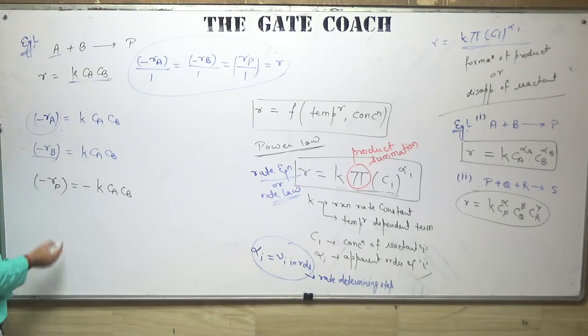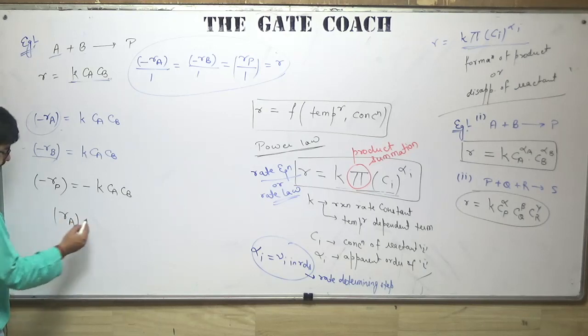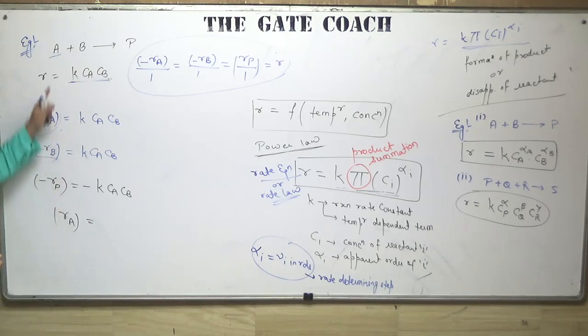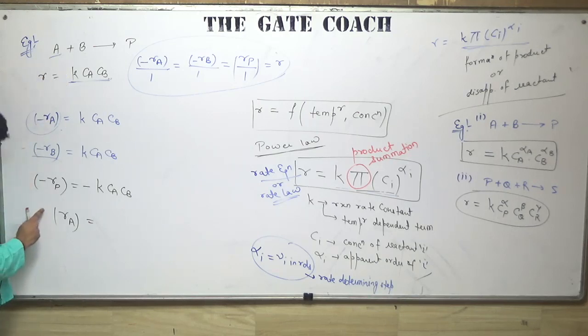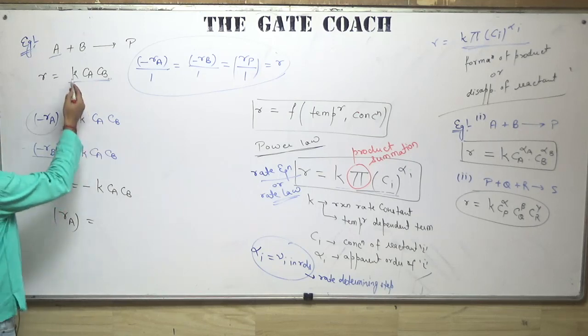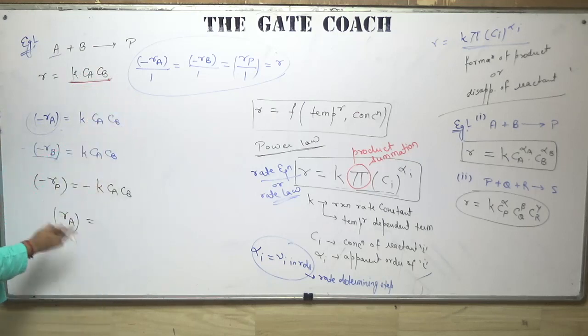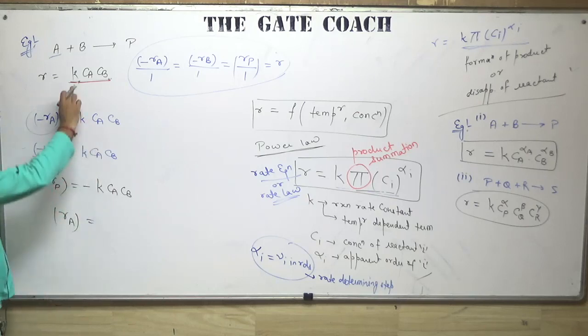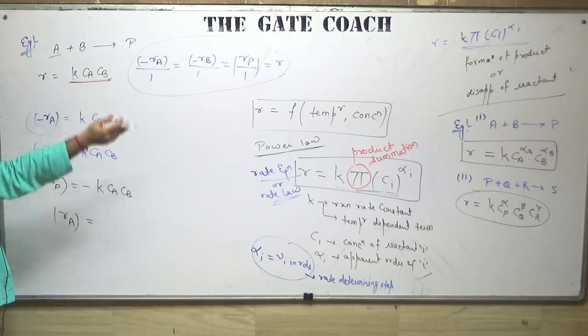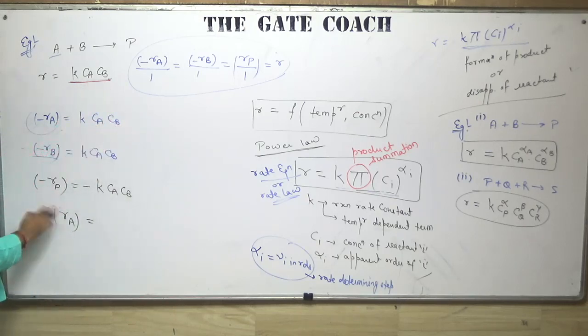Similarly, if you want to write r_A, then A is the reactant which will disappear during the reaction, but I want to write the rate of reaction in terms of formation of A. So this part represents the disappearance of reactant, but I am talking about the rate in terms of formation of the reactant.